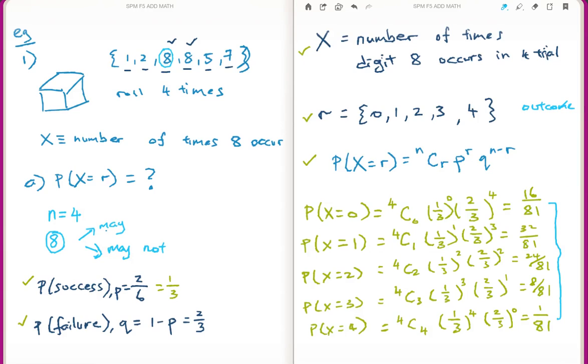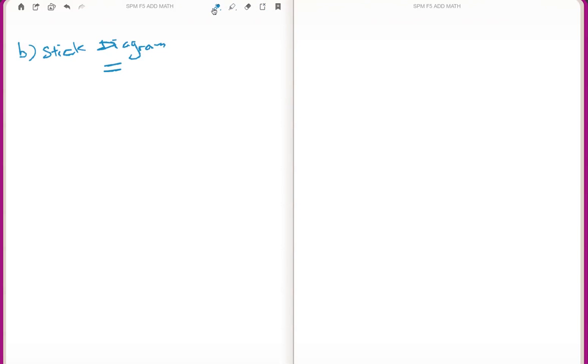Then for the next part, they ask you to sketch a stick diagram based on these probabilities. In order to sketch a stick diagram, I think it is wise to set it up by using a table, setting up the table with X and P(X).